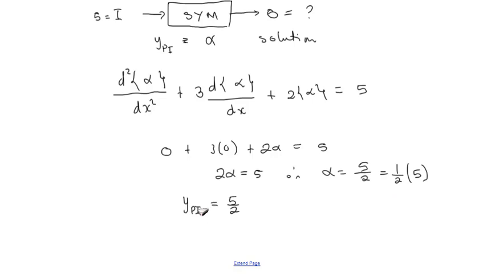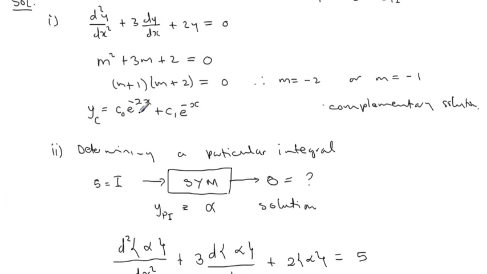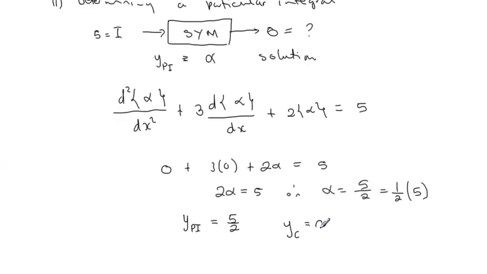So now what we've got here is the particular solution, yp equals 5 over 2, and above here we've got a complementary solution, yc equal to C0 e to the power minus 2x plus C1 e to the power minus x squared.